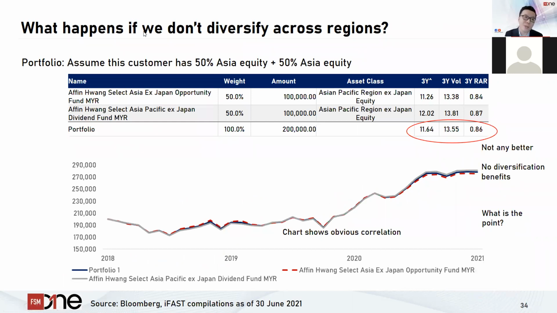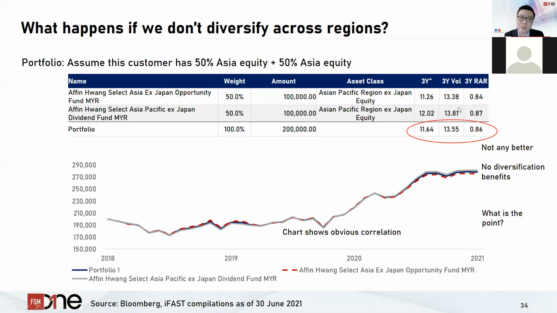What if we do more examples? In this example, what if we don't diversify across different regions? We have 2 Asian equity funds. If you remember from the first few slides, we saw the correlation of these 2 funds, right? It was 0.99, which is very, very close to 1, very highly correlated. So in this example, we put them in a portfolio, similar 50-50.